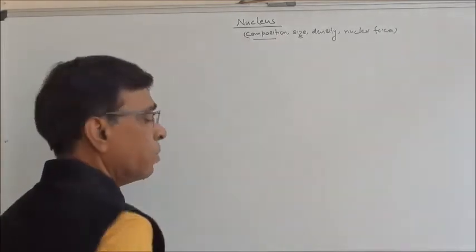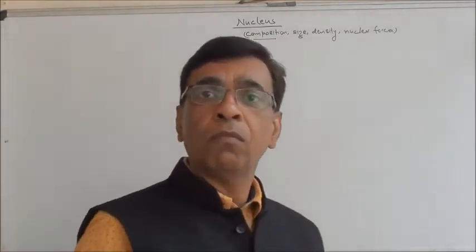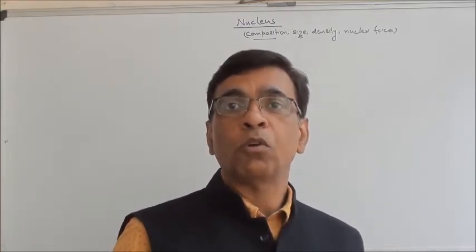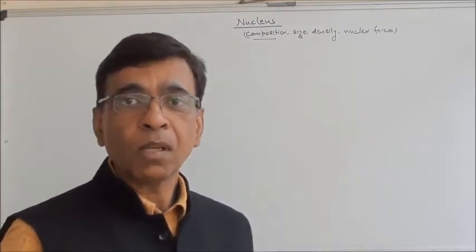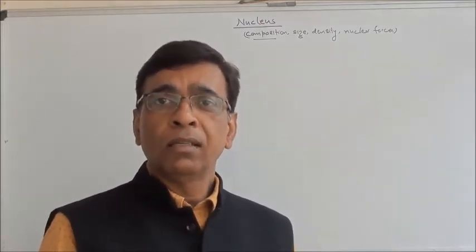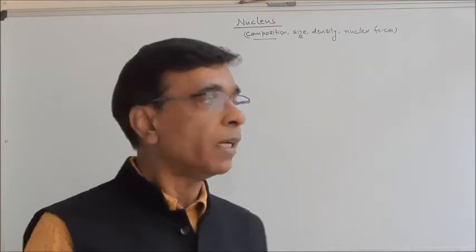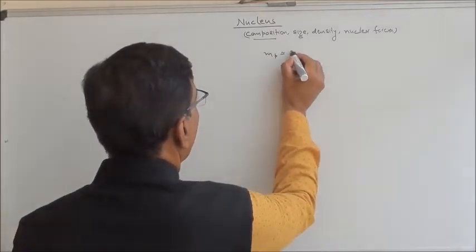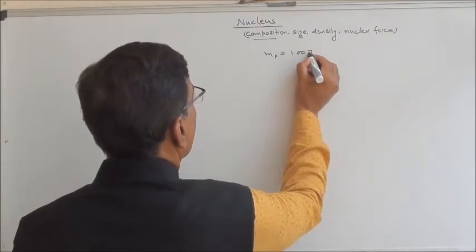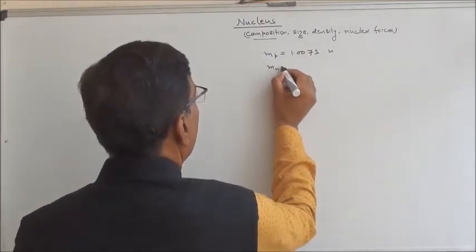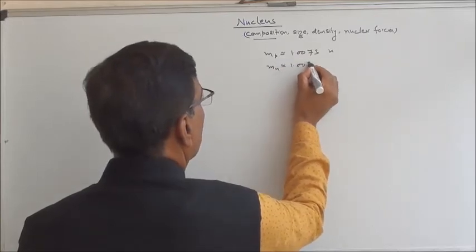As per the information that we have today, the nucleus consists of protons and neutrons. Protons have positive charge, neutrons are neutral, and the mass of the neutron is slightly more than the mass of the proton. Mass of the proton is nearly 1.0073 atomic mass unit, while for the neutron it is 1.0087.